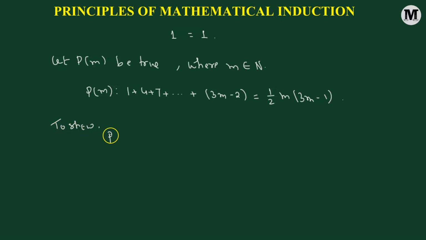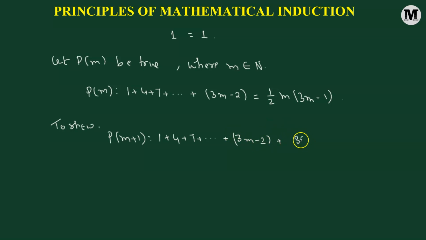So P(m plus 1) will now become, the new statement will become 1 plus 4 plus 7 going all the way up to, so what we'll do here, we have 3m minus 2 already, but we're going to replace this m with m plus 1. That's going to give us the next consecutive term.